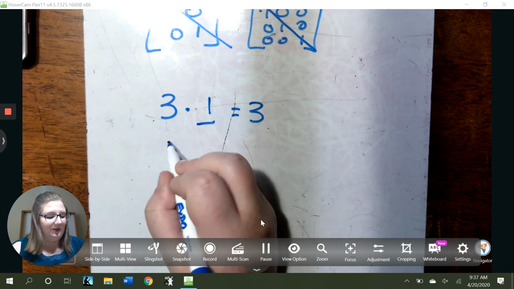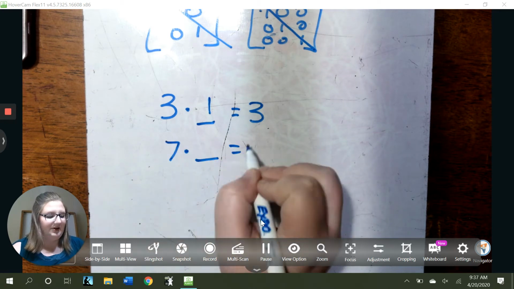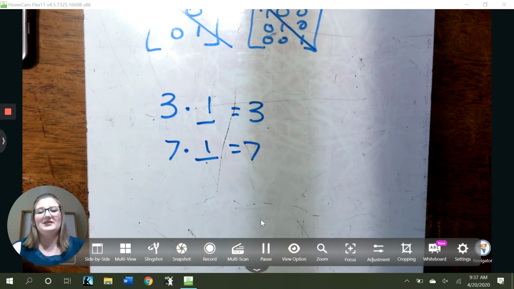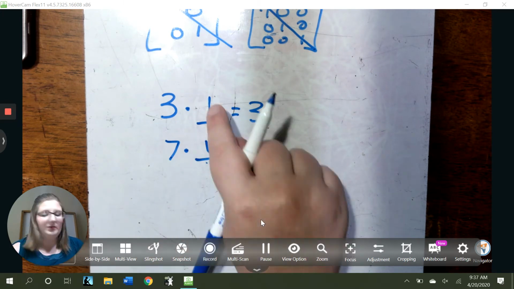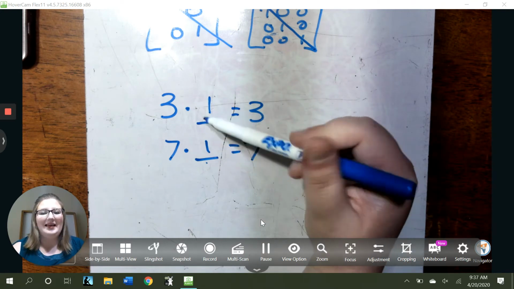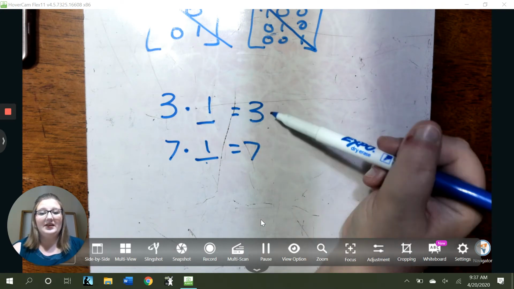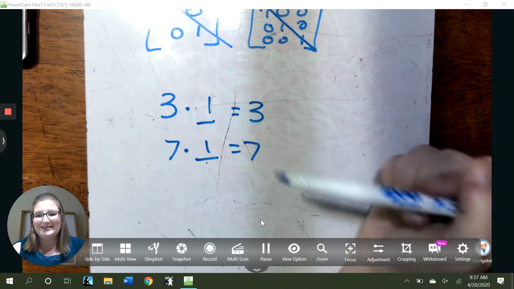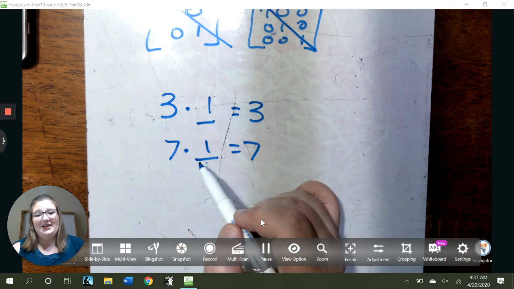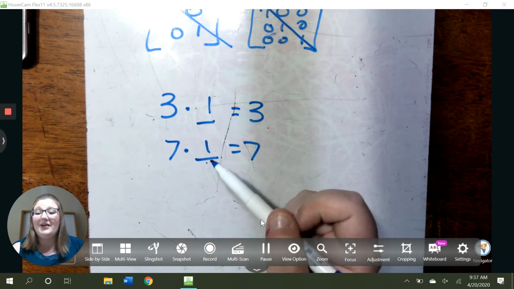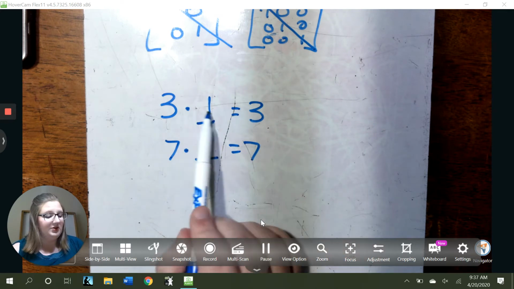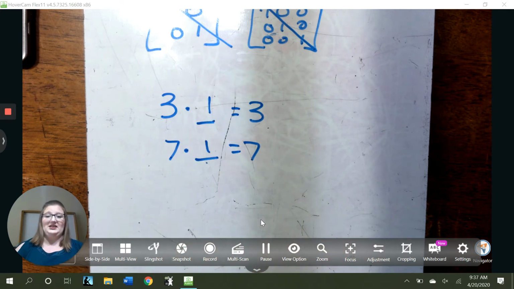Same thing if I wanted to multiply 7 times a number and get 7; that number has to be 1. So when multiplying with just numbers, 1 is a number that gives back itself. 3 times 1 is itself, 7 times 1 is itself. Although we don't usually talk about it like this, 1 would be called an identity element because multiplying by 1 doesn't change anything.